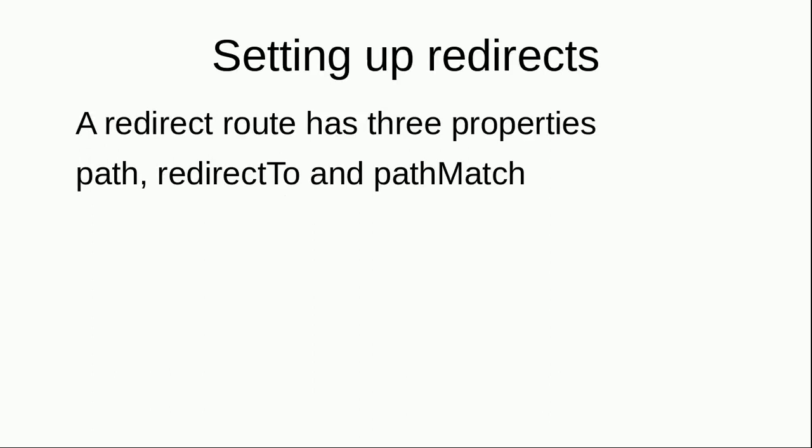Setting up a redirect. A redirect route has three properties: path, redirectTo and pathMatch. To set up a redirect, configure a route with the path you want to redirect from, the component you want to redirect to, and a pathMatch value that tells the router how to match the URL.